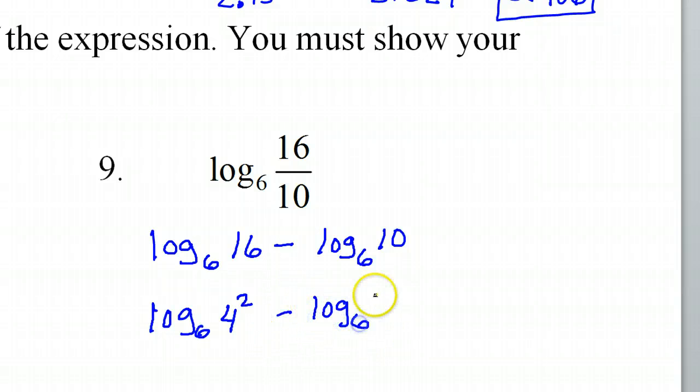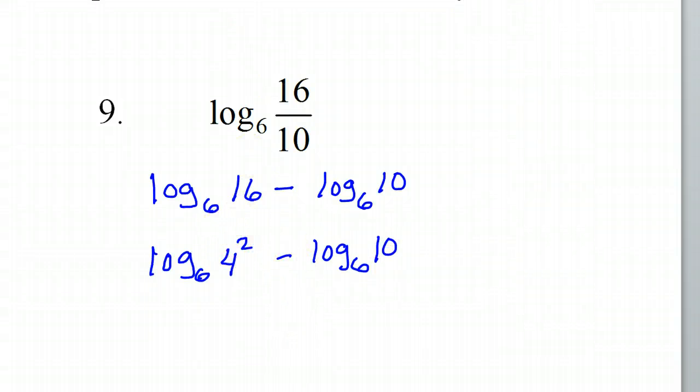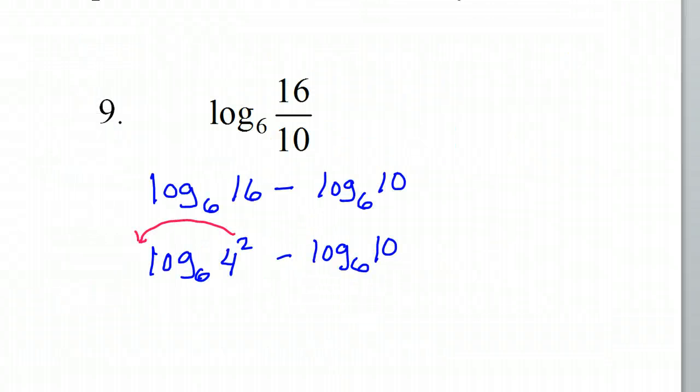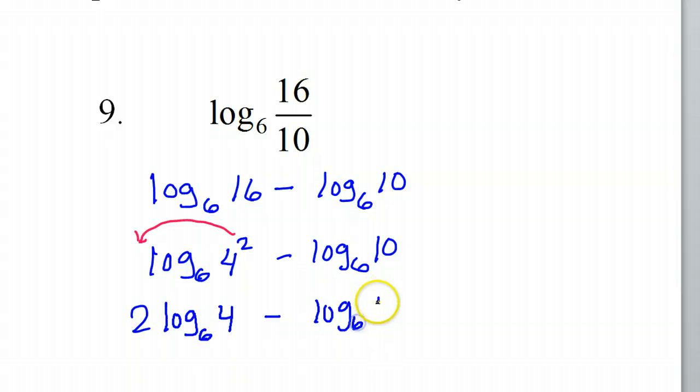All right, this one is already the way I like it. Now I just need to move that 2 over, so we can use the third rule, where if you have a power, you put it in front. So this is going to become 2 times the log base 6 of 4 minus the log base 6 of 10.